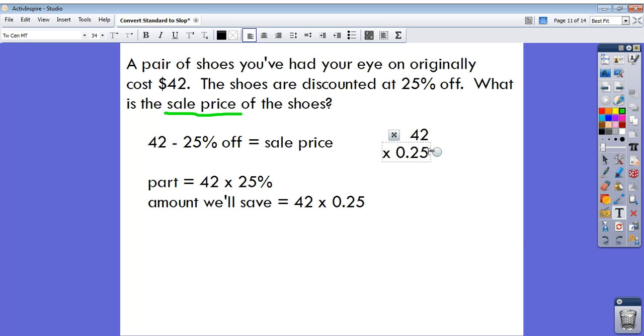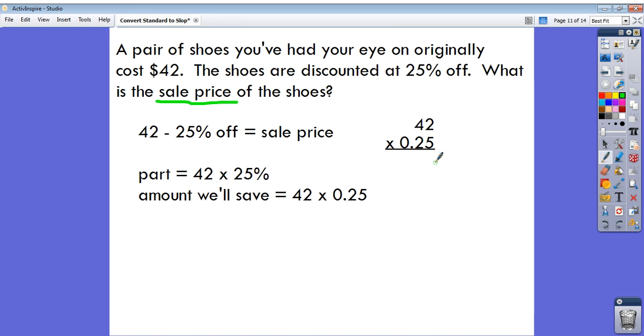We just line our numbers over on the right, we multiply, and deal with our decimal last. 5 times 2 is 10. 5 times 4 is 20 plus 1 is 21. I'm going to get rid of this so I don't get confused. I'm moving over to multiply out this 2, so I need a 0 down here. 2 times 2 is 4, and 4 times 2 is 8.